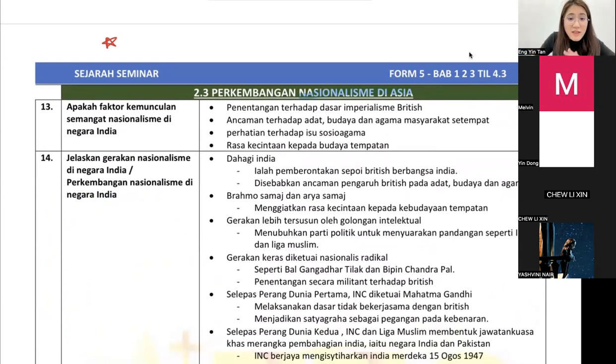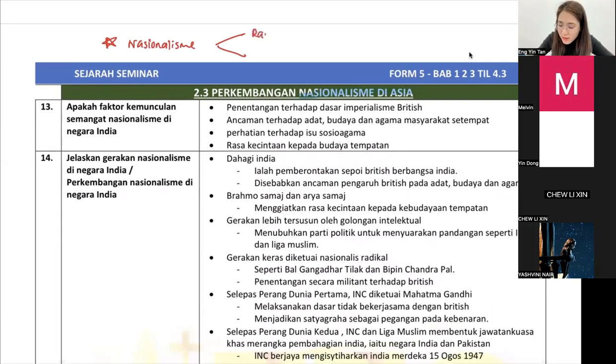Okay, so guys, under this nota here, the idea of nationalism. When we talk about the idea of nationalism, you need to ask yourself, just like I mentioned just now, what did they go against? The people realize the nationalism spirit because they want to go against what? Yes, they know their rights.